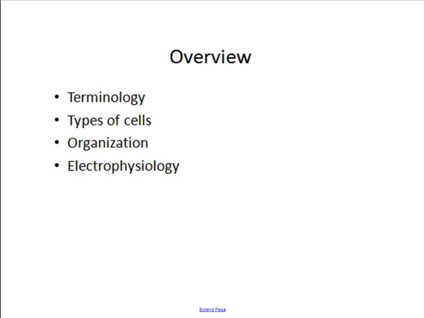Especially for nursing and medical students, a lot of the medications you're going to be issuing to patients revolve around those two processes. I'm going to talk about just the basics of how the types of cells in the heart depolarize and repolarize.